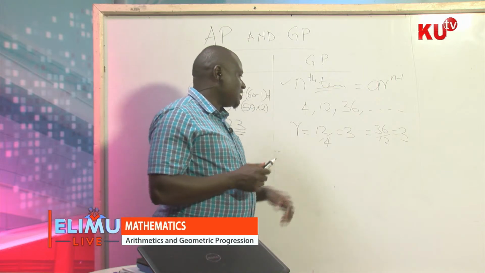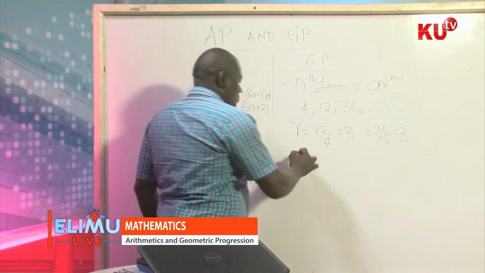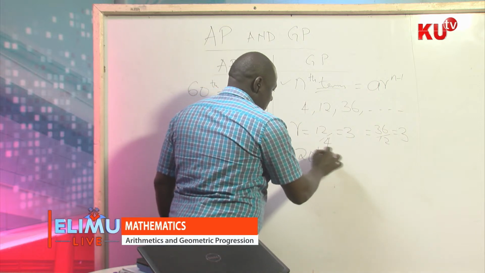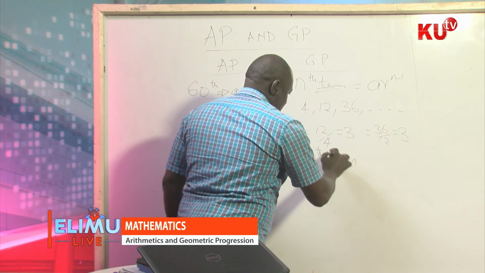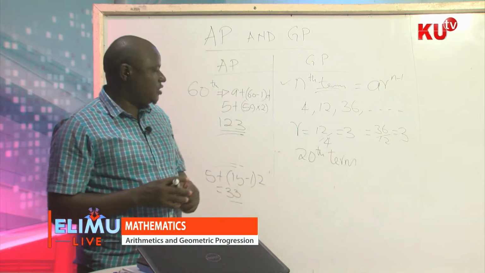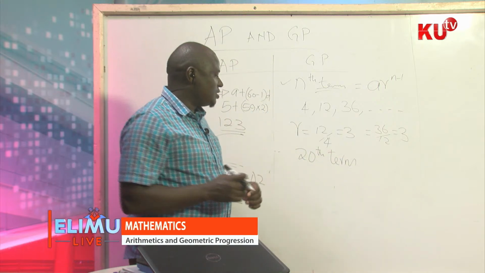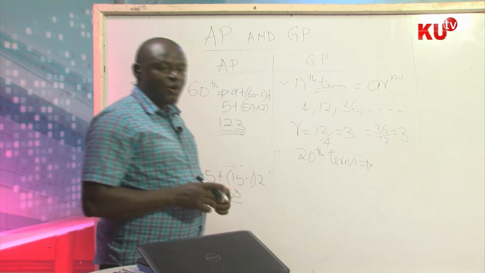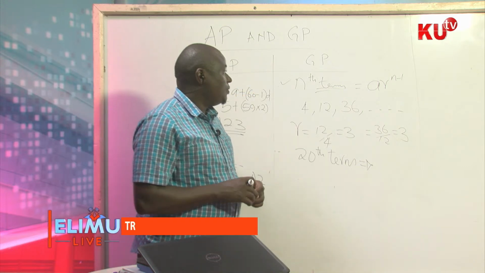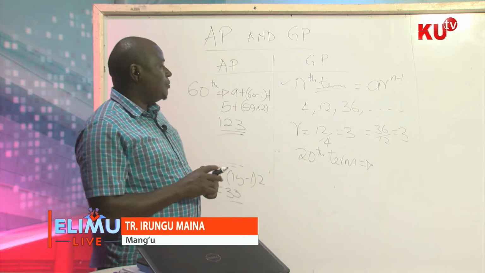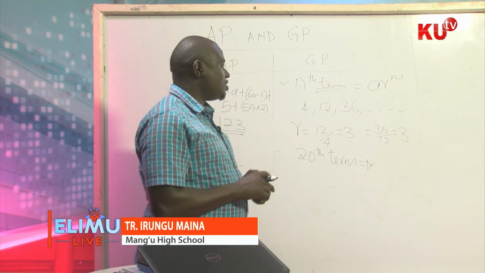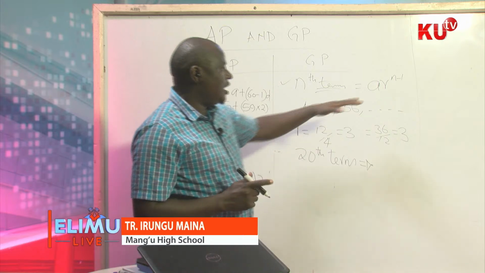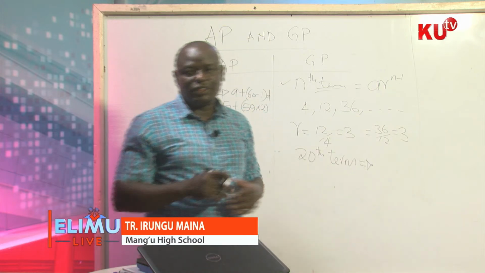Now, suppose somebody asked us how to get the 20th term. How do we go about it? We are saying that the 20th term shall be given by A multiplied by R raised to power n minus 1, where n is the number of terms.